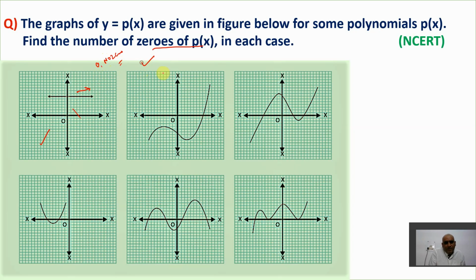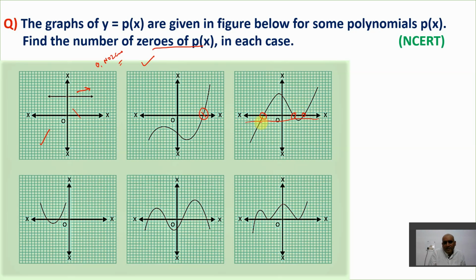Now see in the second graph, there is 1 point. This is the 1 point on the x-axis where it touches. So 1 point means 1 zero, 1 zero means 1 degree. Very simple. Okay, tell me about the next diagram. Here there is 1 point, 2 points, 3 points on the x-axis, as this is the full x-axis.